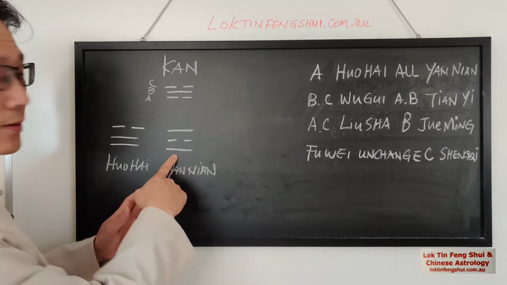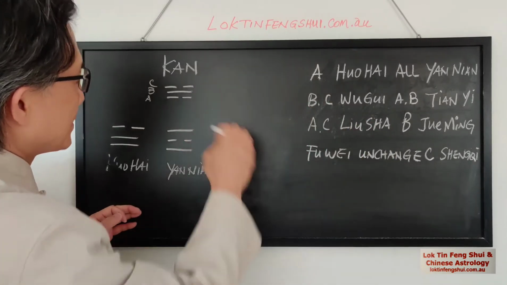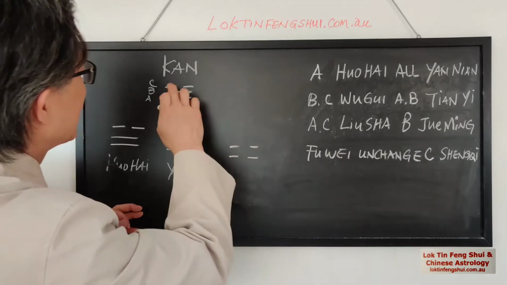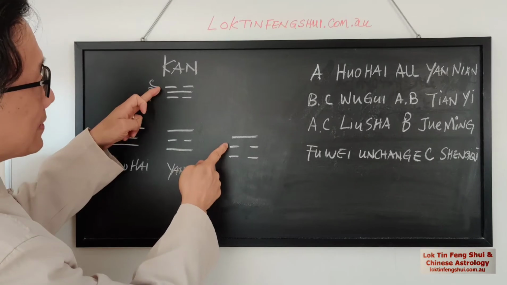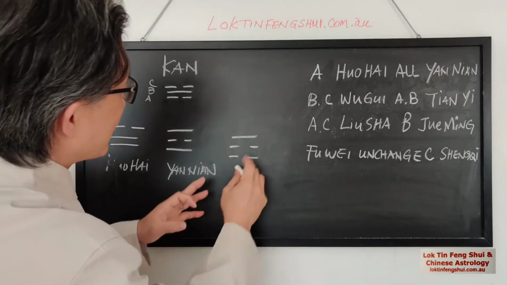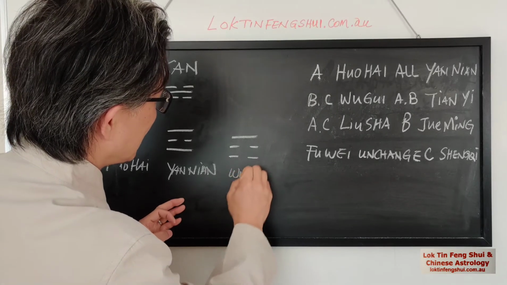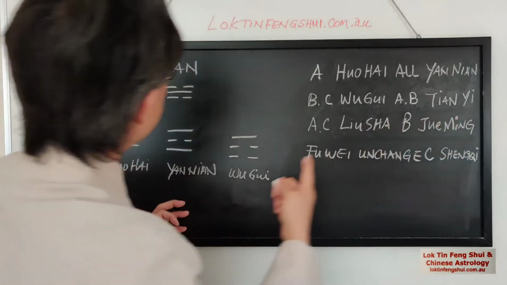Then B and C: the bottom one unchanged, the middle one changes, and the top one changes. So B, C change, and this becomes Wu Gui. And then A, B become Tian Yi.